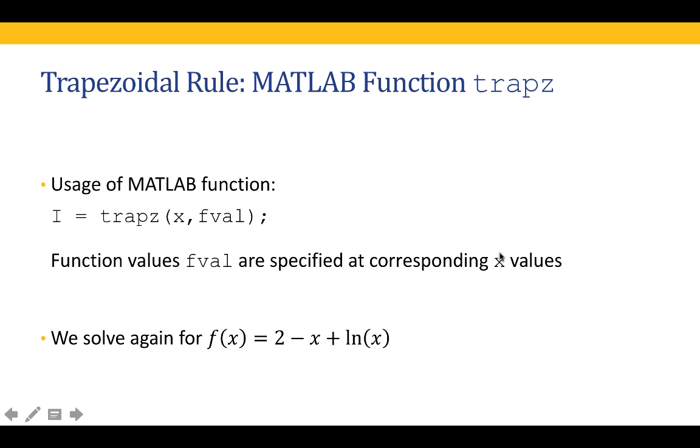What that means is the first entry in fval is f of x1, the second is f calculated at x2, the third is f calculated at x3, and so on.